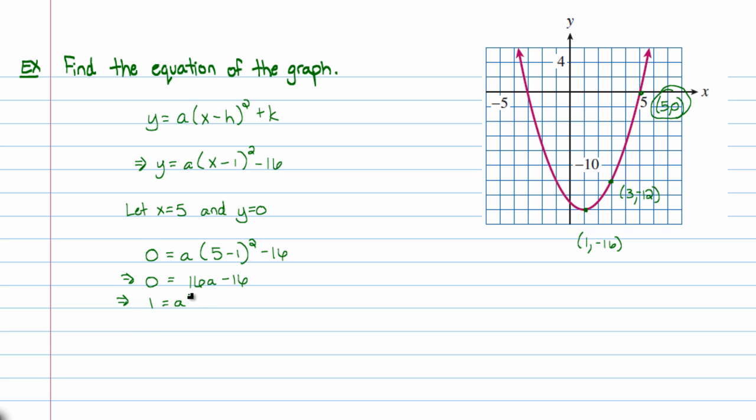And here we have our equation. Just plug that in for a here. And our absolute equation is y equals 1 times x minus 1 quantity squared minus 16. It's very, very similar to finding equations of lines. You need two pieces of information in both cases.